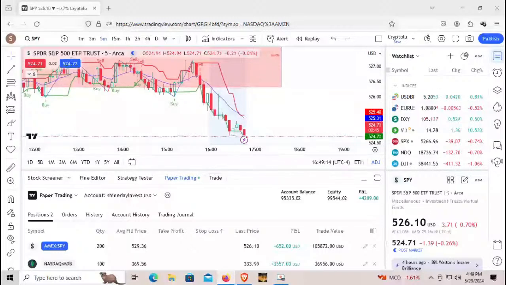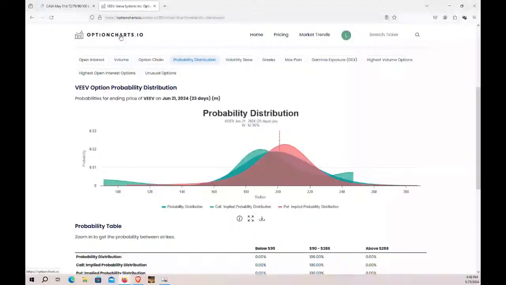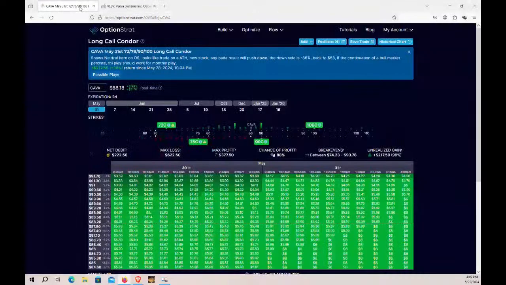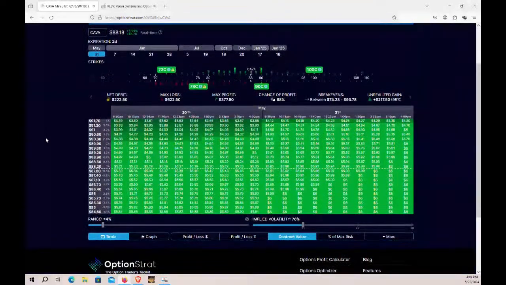So this is the play, the second time I did a play for a long call condor that works based on this website. Sorry guys, I have to pay attention. Okay, this is the one I was talking about, long call condor.